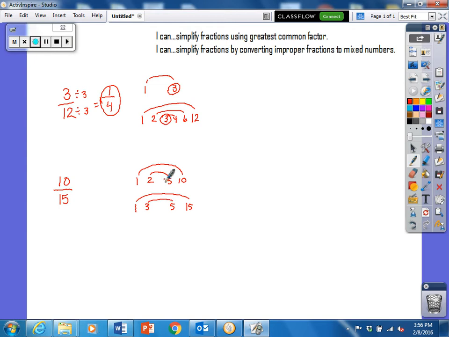Our greatest common factor, or GCF, is 5.